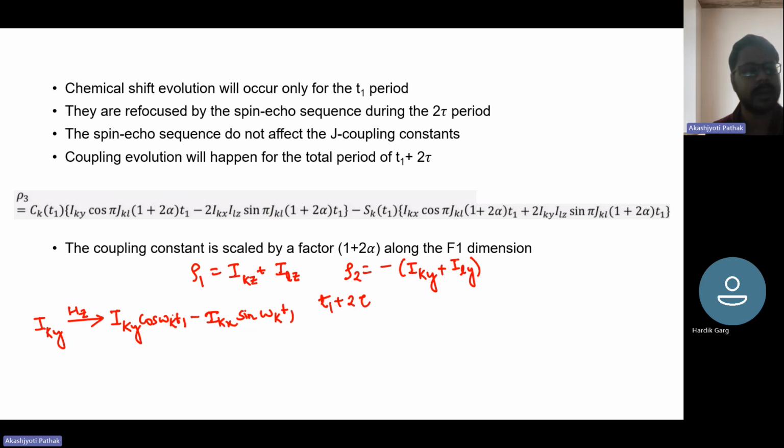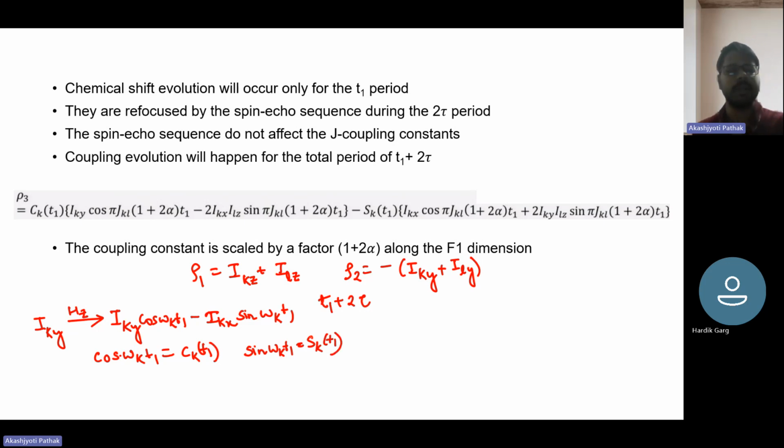And now, what is this CK? For that I'm deriving this one. What we have done here is that cos omega K T1 has been written as CKT1, and sin omega K T1 has been written as SKT1.